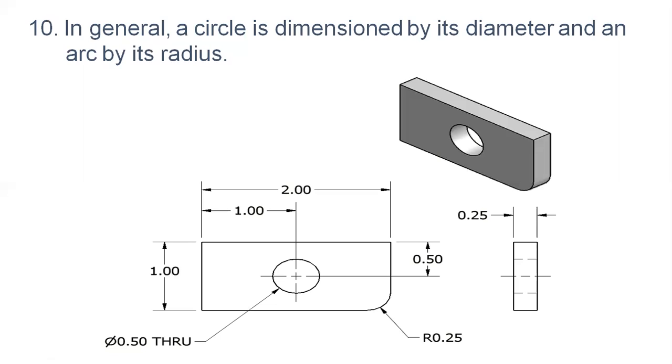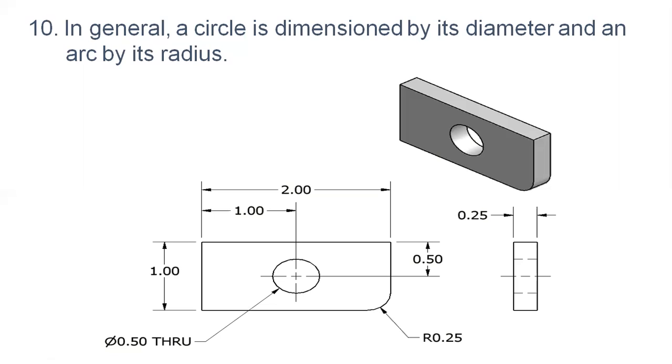In most diagrams, we represent the diameter by using the symbol Ø, and for the radius, R. In this case, the width of this component is 0.75, and this hole represents a 0.50 mm diameter hole throughout its 0.25 width.